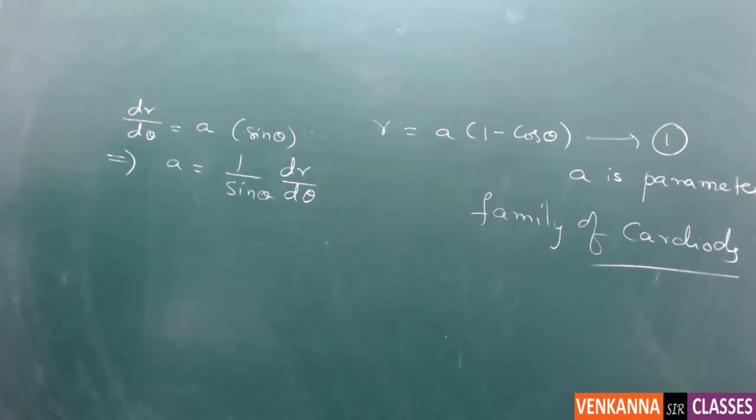Mainly cardioids, hypocycloids. Yes, it is important to understand the concept, that I agree. Yeah, it is there in the engineering mathematics textbook. You can have BS Grewal. Straight away, you can look at the many curve pictures. So knowing the curve picture and equation is enough.